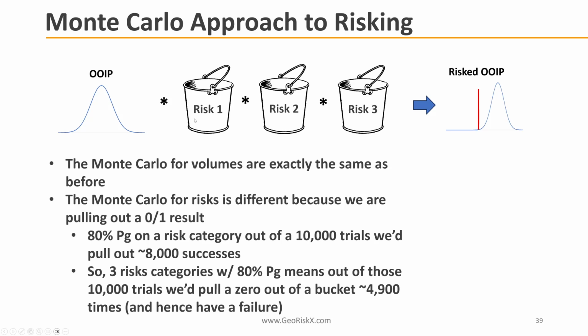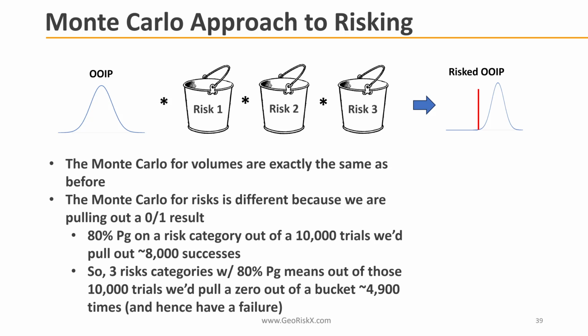The way to think about this is our risking is a little bit different, because you don't pull a 0.8 out of the bucket or a 0.6 out of the bucket. What you pull out is a 1 or a 0. It is either a failure or a success.